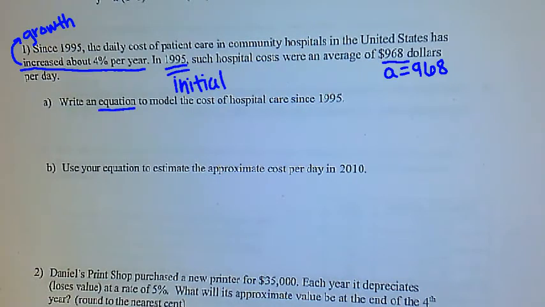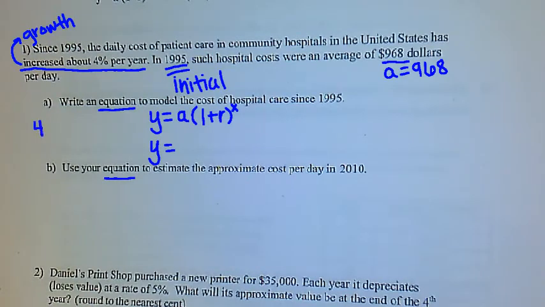Write an equation to model the cost of hospital care. Notice I said equation, so we're going to have a y equals. When I say function, that's when you have to do f of x. The first thing, I always like you to write down the formulas. A lot of you have been doing that, so great job. So this one is going to be a times 1 plus r raised to the x power. We're just going to put these in.